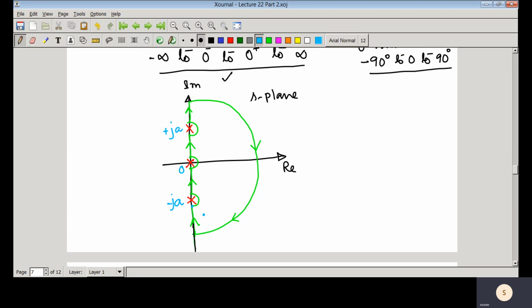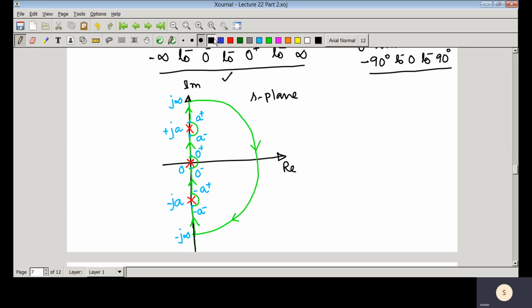So this particular point is minus a minus, and here this is minus a plus, and here this particular point is a minus and this is a plus. And as we have discussed, this is 0 minus and 0 plus. So omega will be varying, and this is minus j infinity and this is plus j infinity.